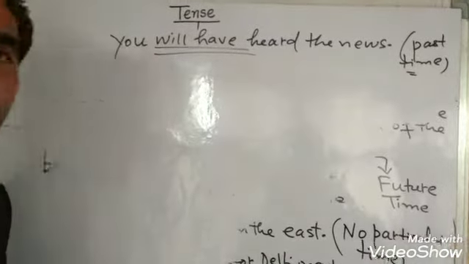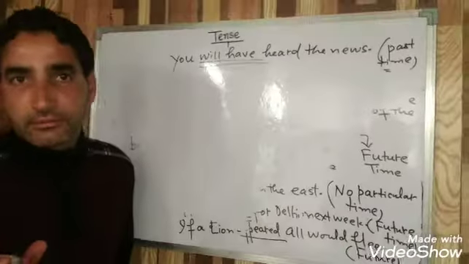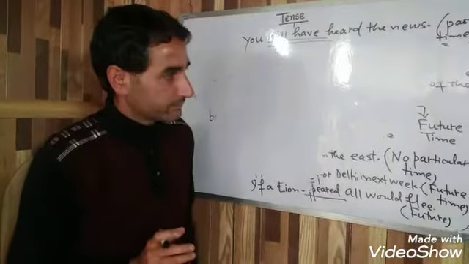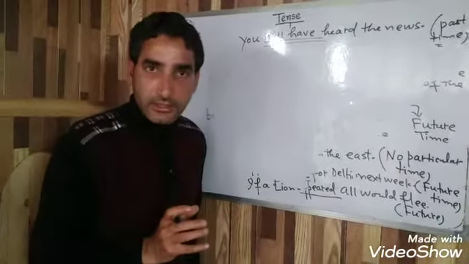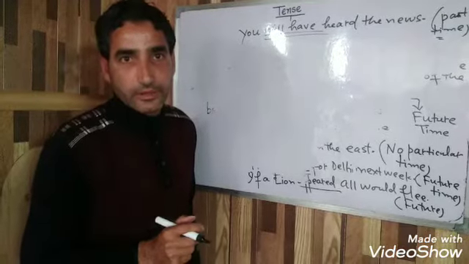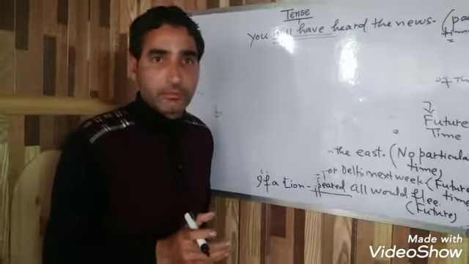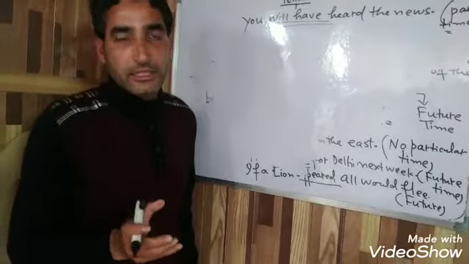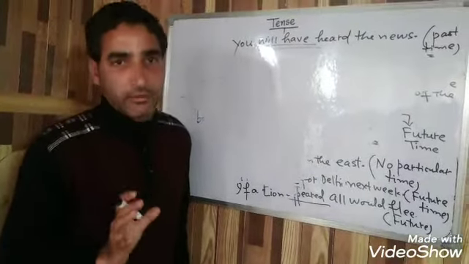Now, today, we learned these four things. Number first, tense is a grammatical category to indicate the relationship between the form of the verb and the time reference of an action or event.